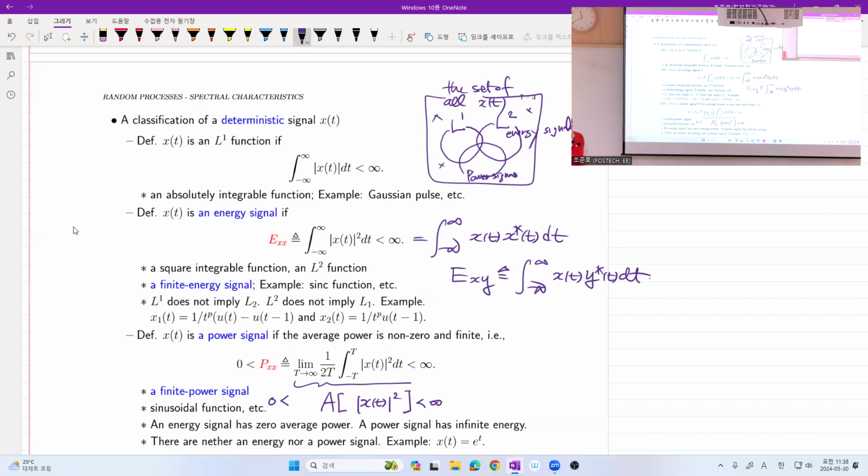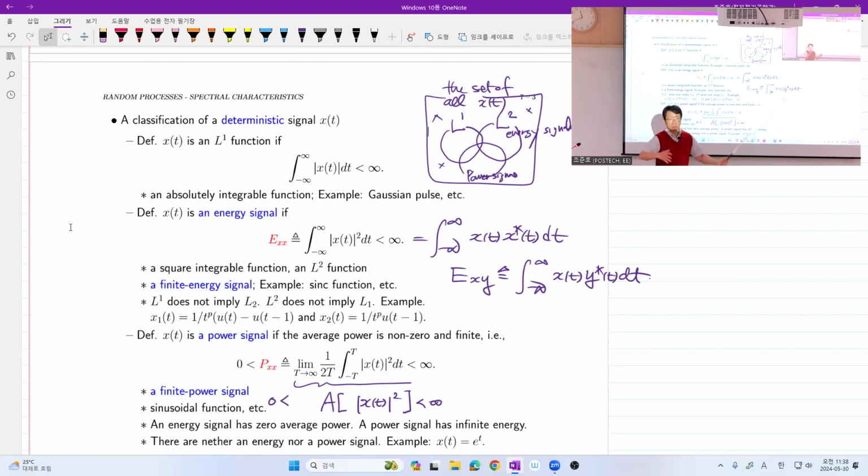Anyway, here, what you want to remember is this one. The Fourier transform, its precise definition is related to the L1 set. The problem is that there are many signals of our engineering interest that are not in this L1 set. For example, the cosine signal. It's a power signal, right?